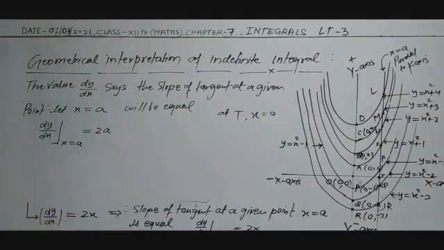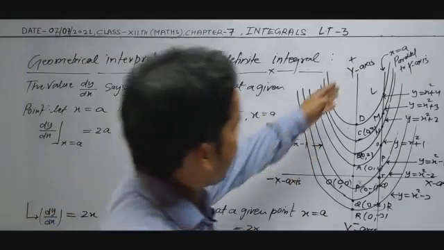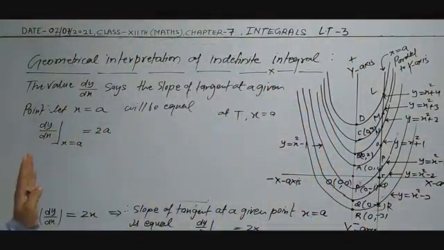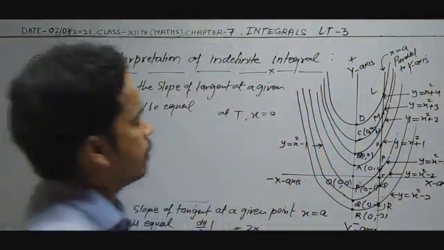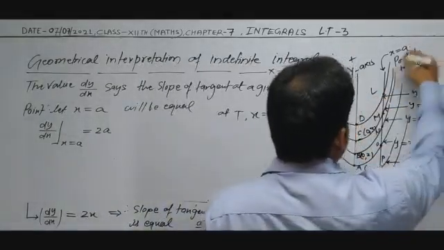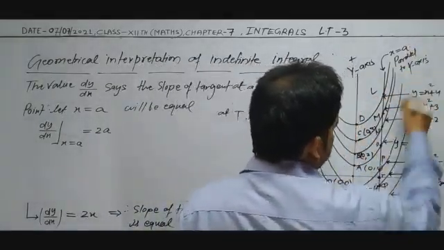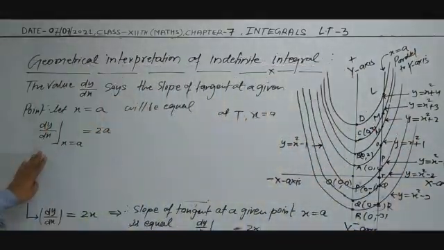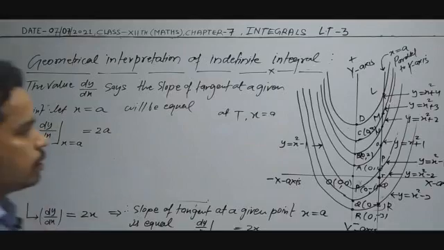It is clear that for the line x = a, we have to find the tangents and families of tangents. When you draw tangents through L, M, N, O, P, Q, R, the tangents are equal. Now draw the tangents.